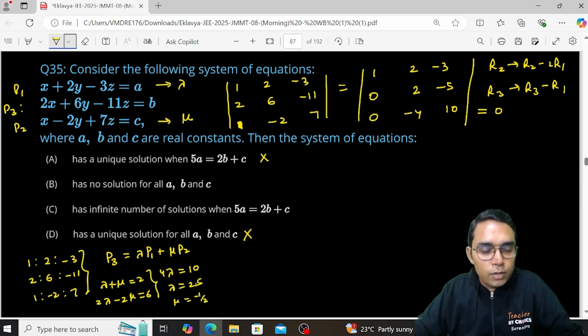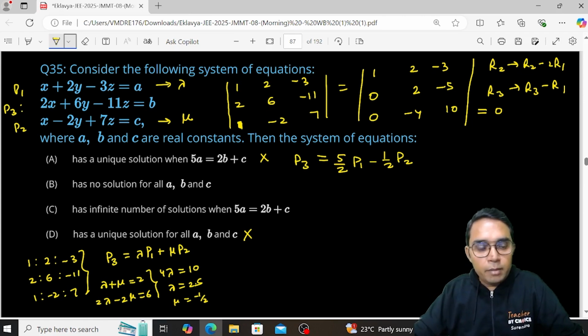So P3 is equal to 5 by 2 times P1 minus 1 by 2 times P2. Now you can check that this is true for the z coefficient also. 5 by 2 times minus 3 is minus 15 by 2, plus minus 7 by 2. So minus 15 minus 7 is minus 22 by 2, which is minus 11. So this is true for z also.